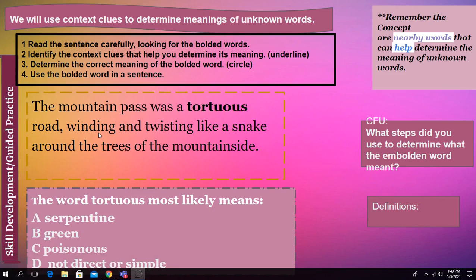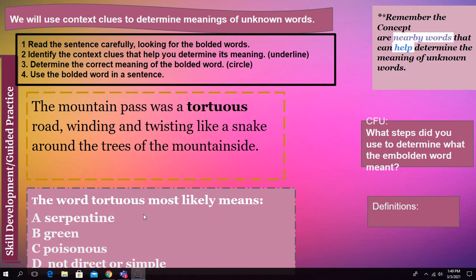So, which word here at the bottom most likely can define our unknown word? So, would it be not direct or simple? Remember, in multiple choice we will have false positives, text that we know is not it. We know B is not it. It's not green. But then poisonous, well, it did mention the snake, but it said winding and twisting like a snake. So we'll eliminate B and C. Now what about A and D?